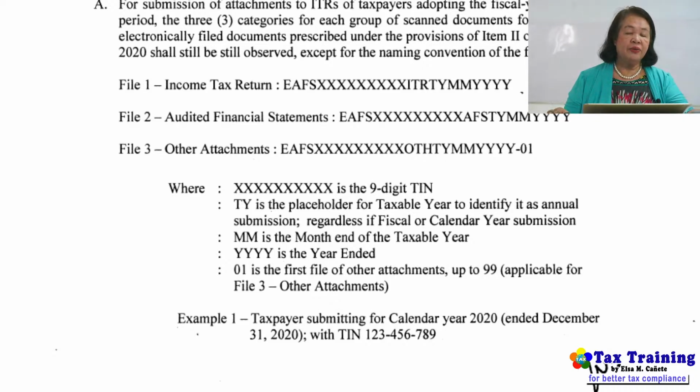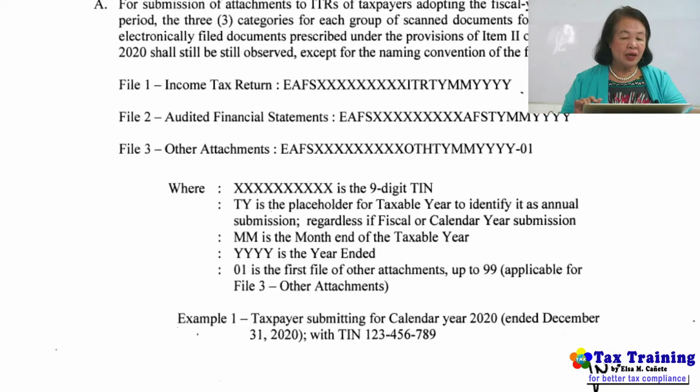What is the use of 2306 and 2307 for BIR purposes? The BIR has a data warehouse wherein all information is deposited. And after that, there is software that matches the TIN.